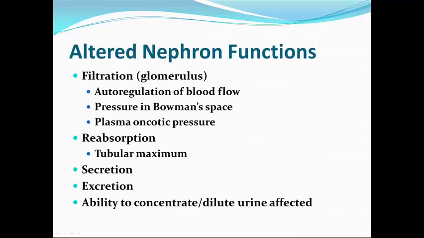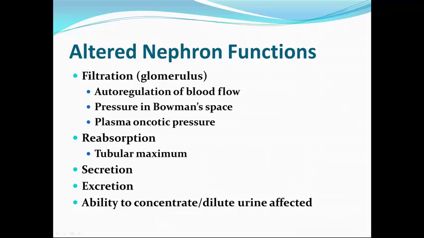With secretion, we're talking about substances moving from the circulation into the lumen. Remember, reabsorption was the tubular lumen into the circulation, those peritubular capillaries. So secretion is movement from the peritubular capillaries into the tubular lumen.